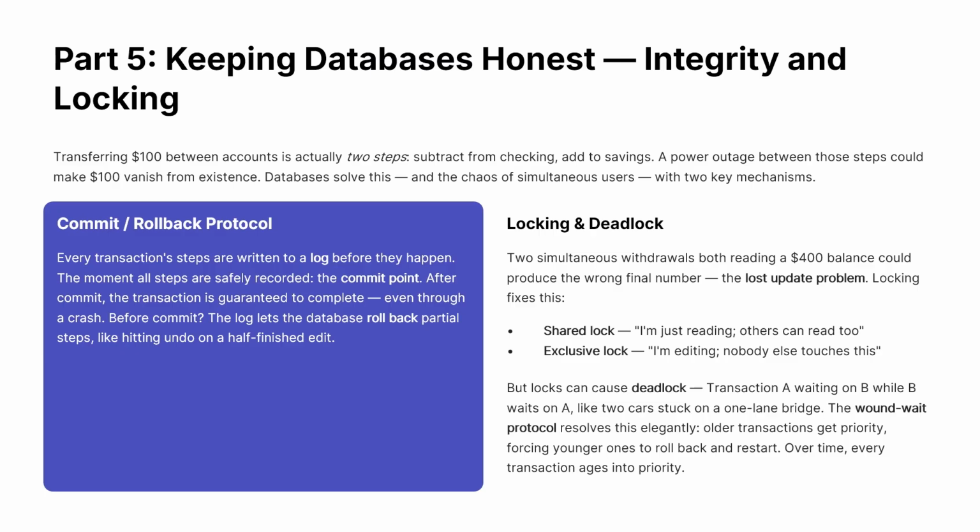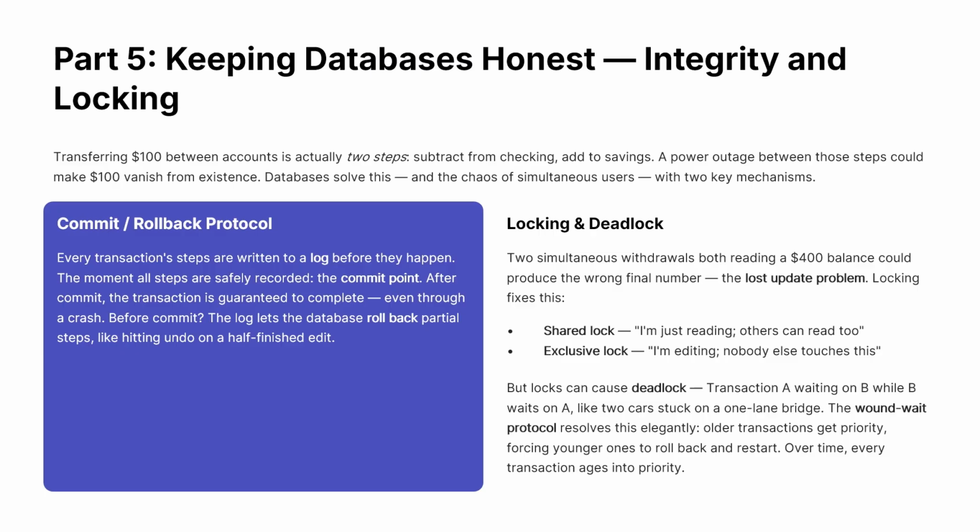This is why databases use something called the commit/rollback protocol. Every transaction's steps get written to a log, basically a permanent diary of everything that's about to happen, before it actually happens. The moment all the steps for a transaction are safely recorded in the log, that's called the commit point.